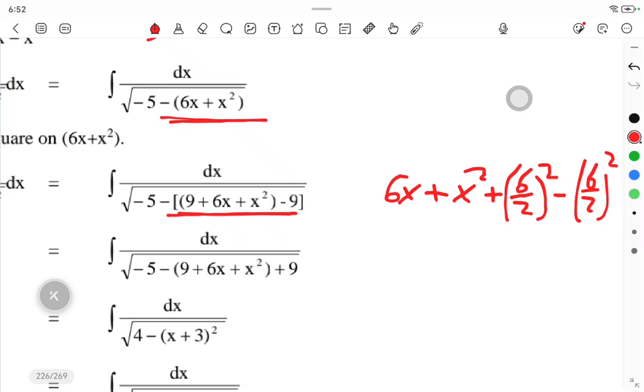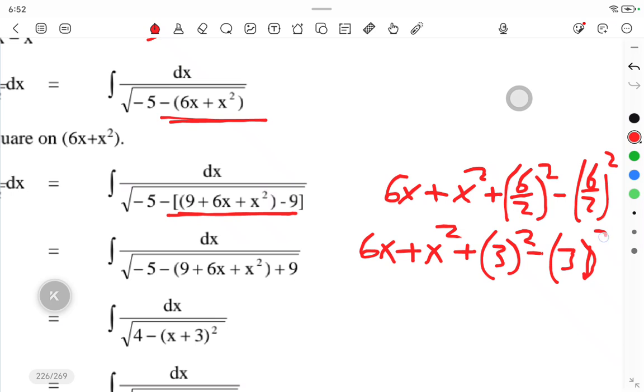Then I'm going to get x squared plus 6x plus, as we're not going to change it to 9, right? Plus 3 squared minus 3 squared. We're just going to keep it like this, squared, up until it's necessary, right? And we know that outside we have minus 5.